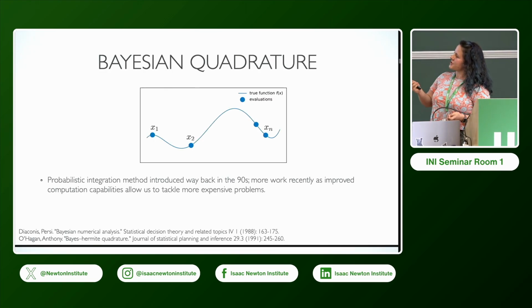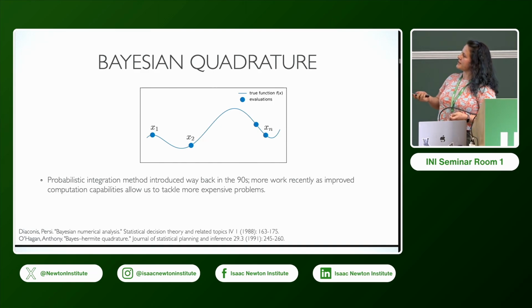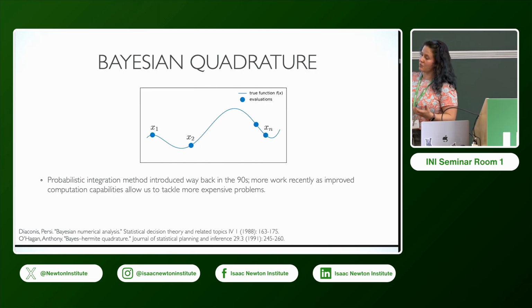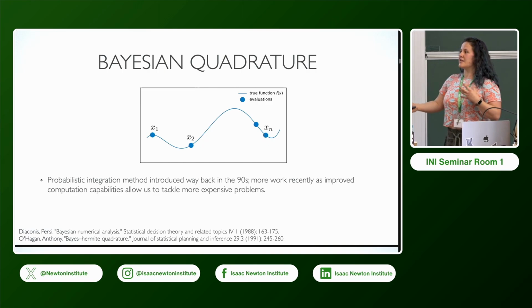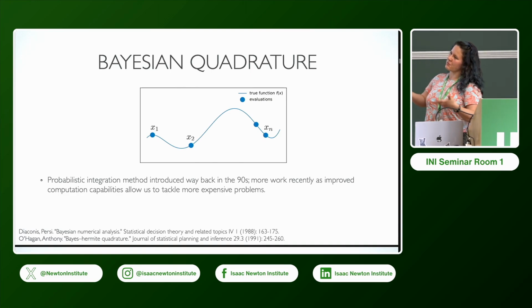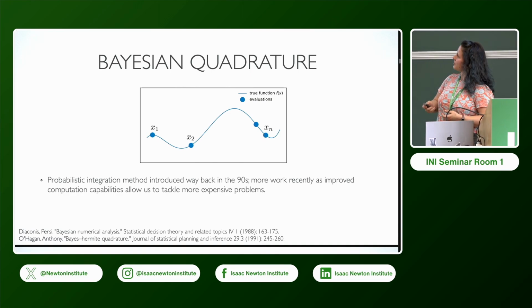Okay, so Bayesian quadrature is a probabilistic integration method that was introduced a while ago. Here are some seminal papers on it. It has been quiet for a few decades, and there's been more and more work popping up recently as improved compute lets us tackle more challenging problems, and as there's now more and more interest in the more challenging problems in general.